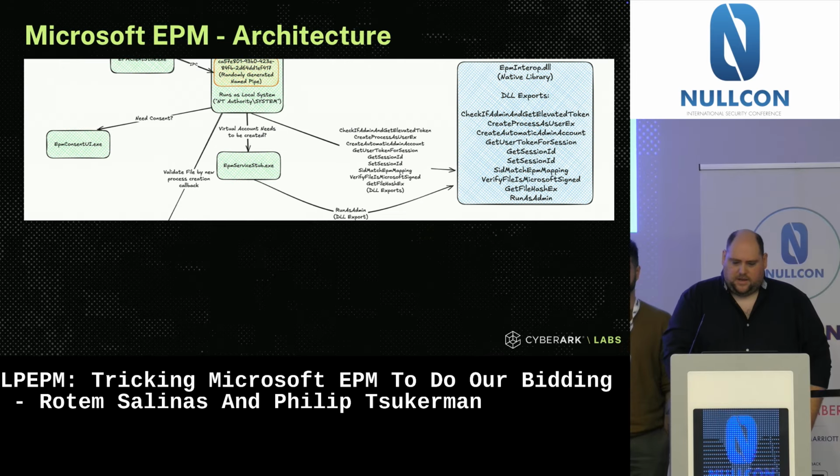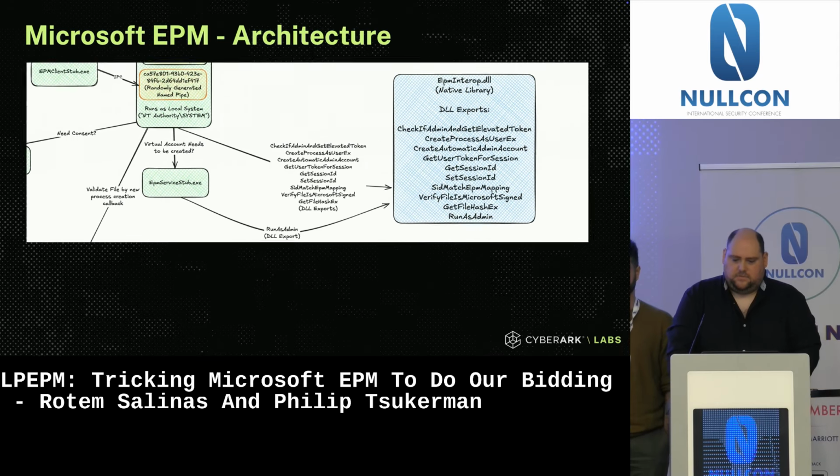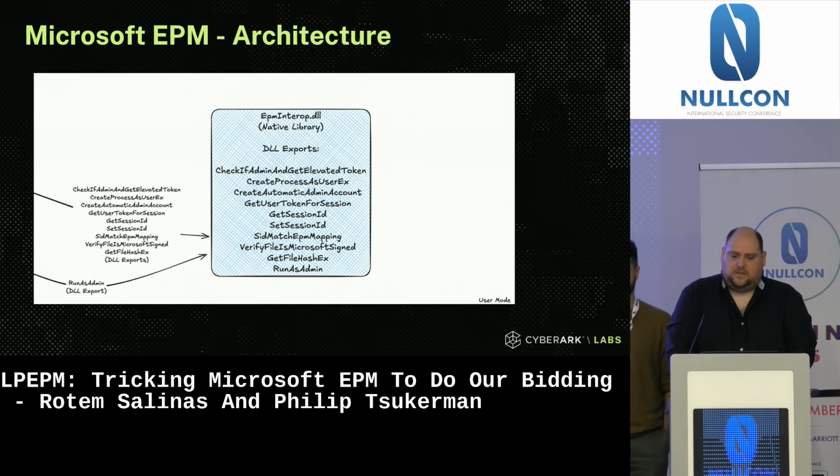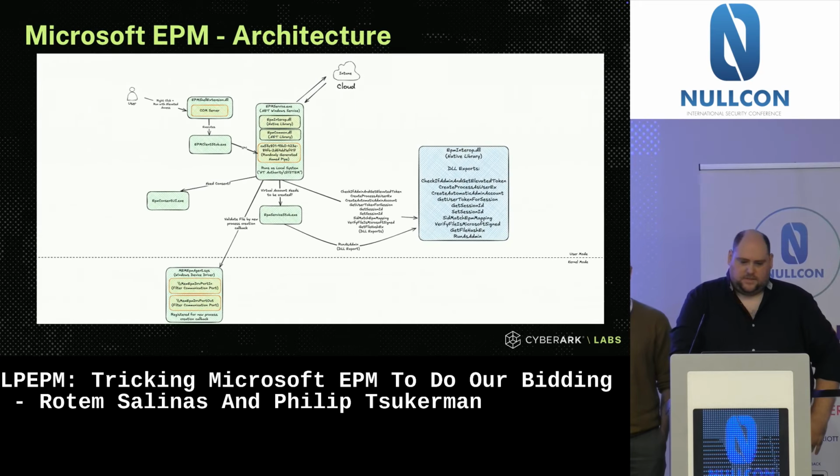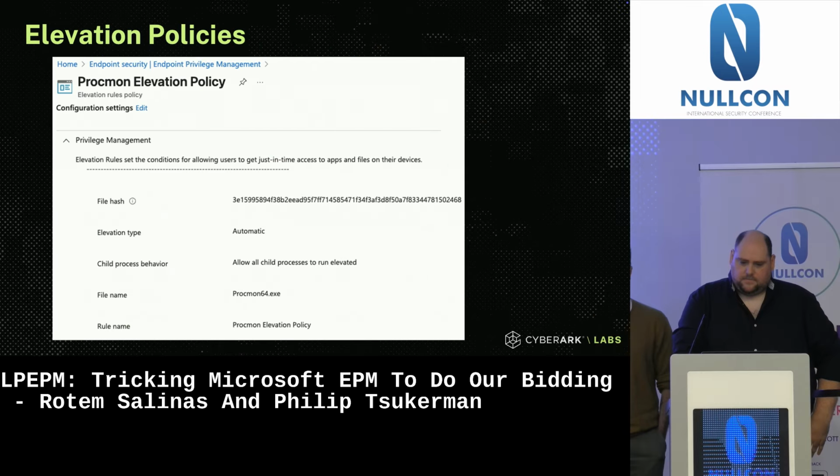And finally, we have EPM interop, which is a native dynamic link library binary that exports functions critical for the elevation process and consumed by the EPM service, EPM client stub, and EPM service stub. So that's the whole architecture.